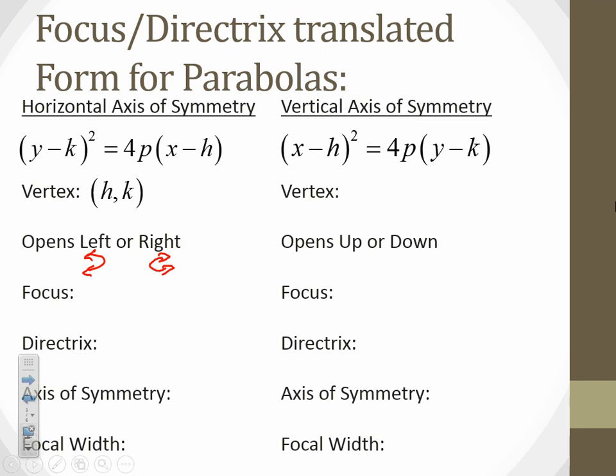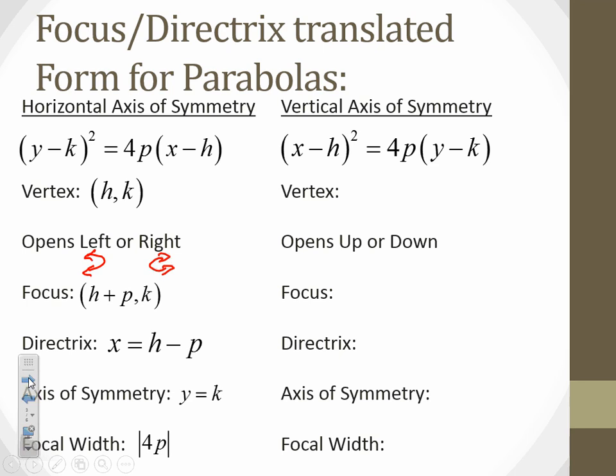Its focus is going to be h plus p, k. The Directrix is going to be x equals h minus p. The axis of symmetry is going to be y equals k, and the focal width is going to be the absolute value of 4 times p.